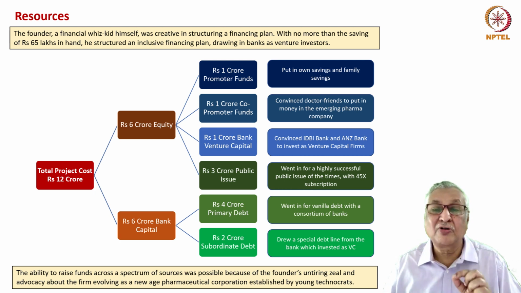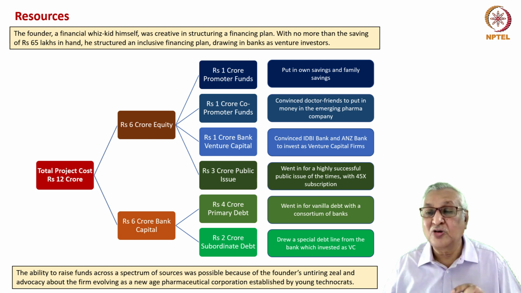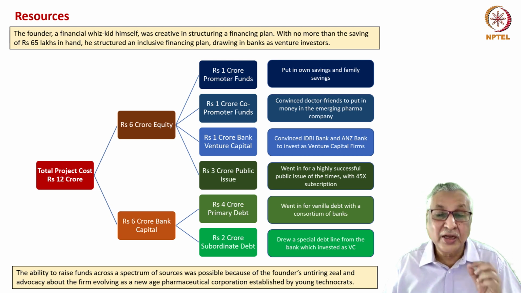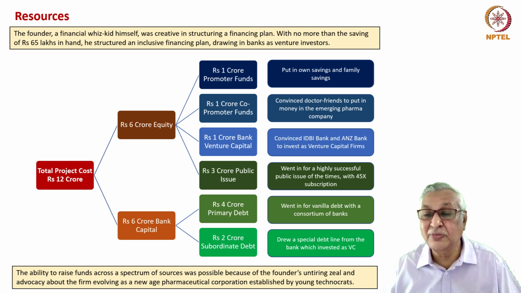It had 1 crore of promoter funds comprising his own savings and the family savings. It had 1 crore of co-promoter funds. He convinced doctor friends to put in money in the emerging pharma company. He had 1 crore of bank venture capital; he convinced IDBI Bank and ANZ Bank to invest as venture capital firms in a manner of speaking.